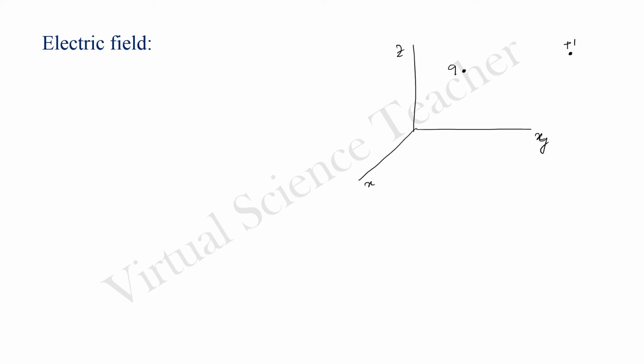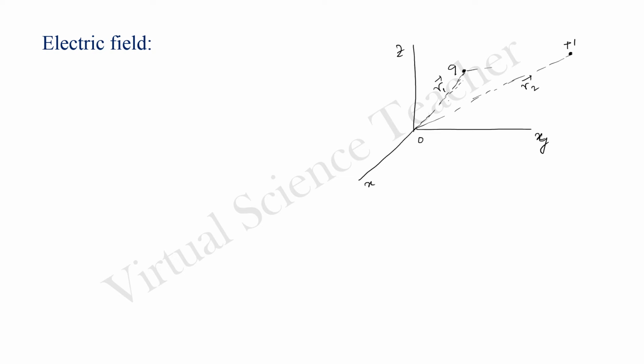Now the distance from the origin to the charge Q is R1, and the distance from the origin to the unit point charge is R2. This is my origin, this is the R1 distance, this is the R2 distance.